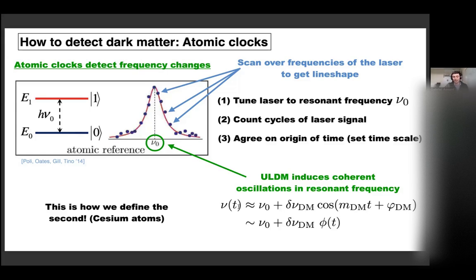It would give it a time dependence, an oscillating time dependence, as I showed. So this frequency would become the value it has with no dark matter present, plus some correction, which is proportional to the oscillating scalar dark matter candidate. And this can actually be detectable by atomic clocks because they're very precise.